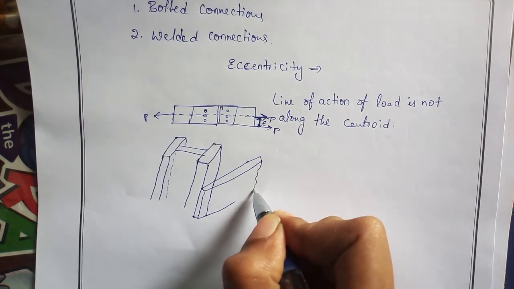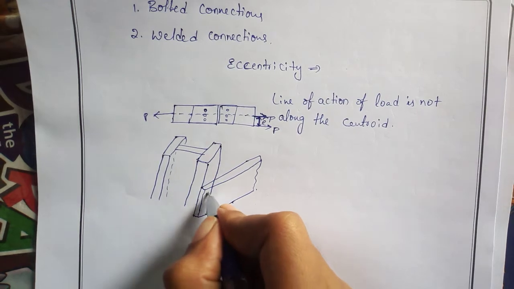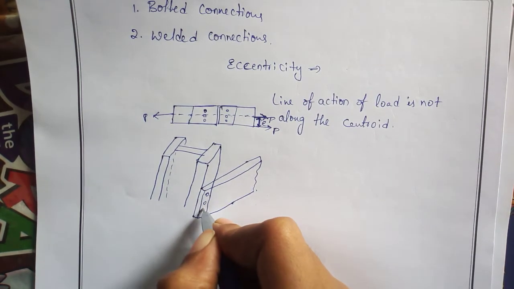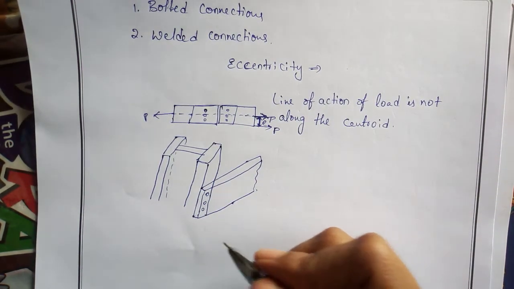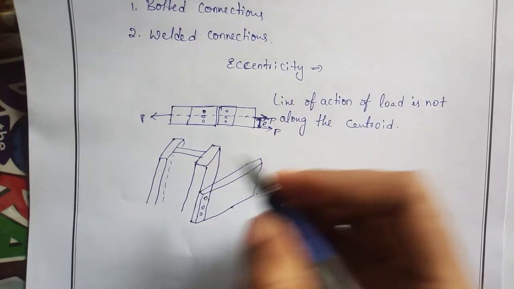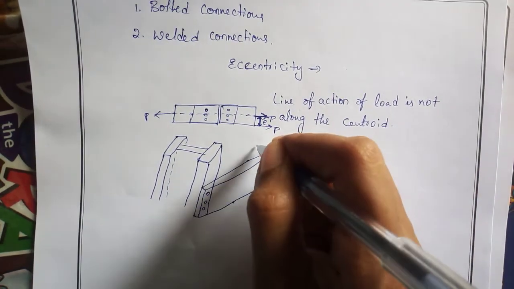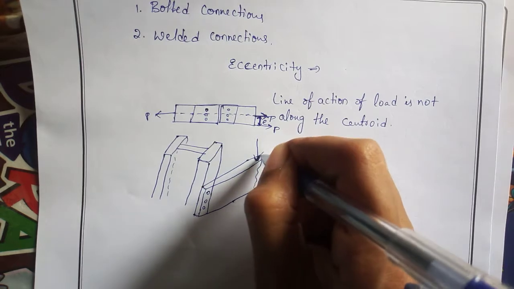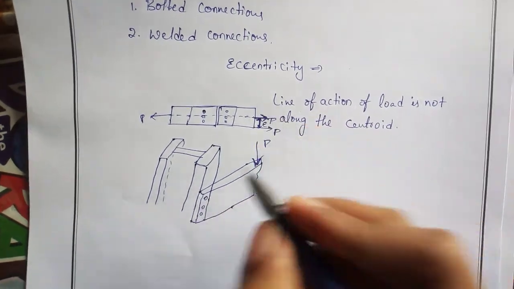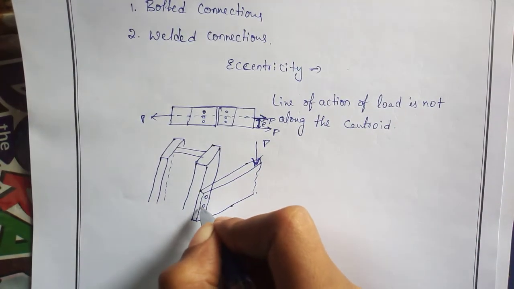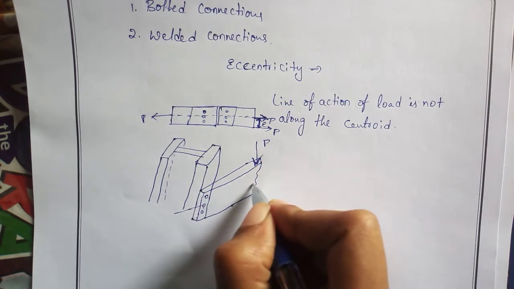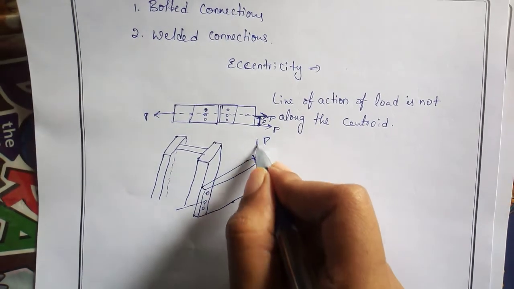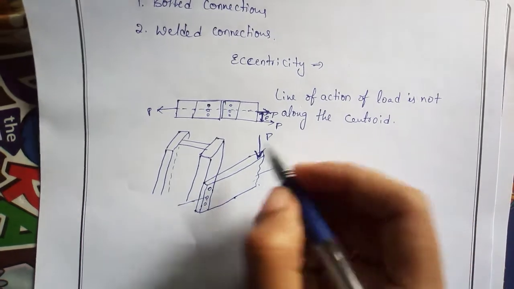I am going to use bolts here. So in this way, the external load, in this case P, is acting at some other end. The bolts were here and there is no force in this area. The force whichever is acting is here.